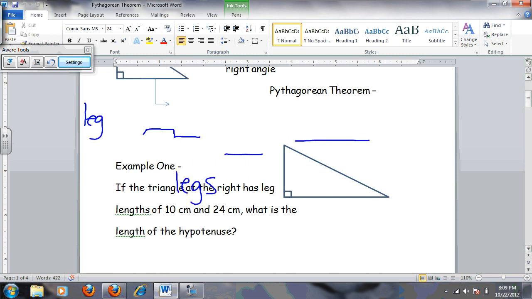Okay? So let's take a minute to look at the Pythagorean theorem. It's at the bottom of page 181.